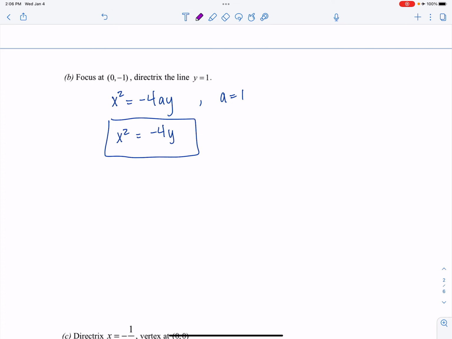Now let's find those 2 points for the latus rectum. We'll start with x squared equals -4y, and what we'll do is we'll substitute in that y equals -1 because that's what we were given.